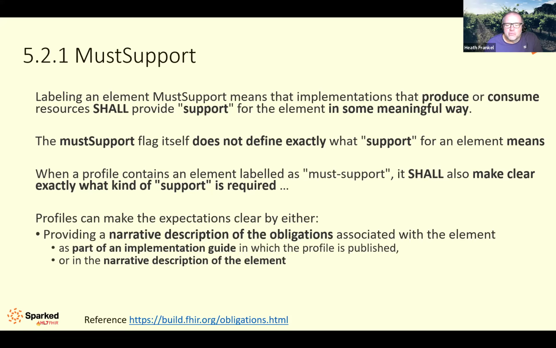I don't believe that we've got any examples of that in AU Core at the moment, where on a particular element we've actually stated the must support obligations. We are always referring back to the general description of must support within the guidance conformance page.